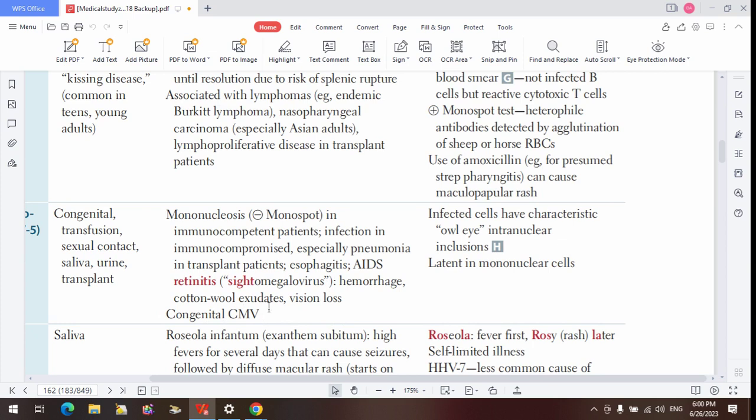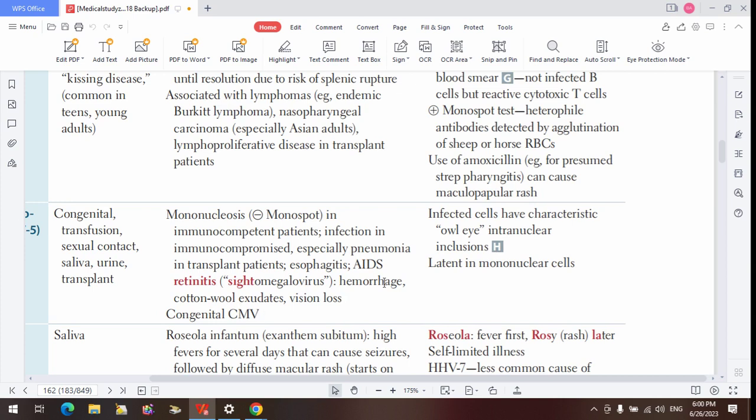Don't get confused, because cotton wool exudate can also be seen in someone that has diabetes or hypertension. But in the setting of someone having AIDS, you might not be thinking of hypertension or diabetes, and they will have given you some other clinchers that you can use to make the diagnosis of CMV.